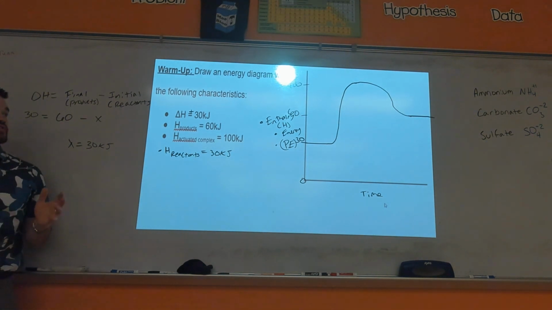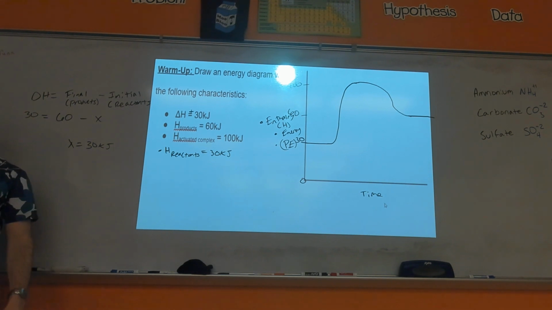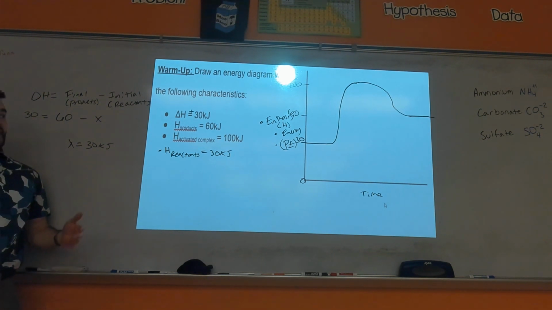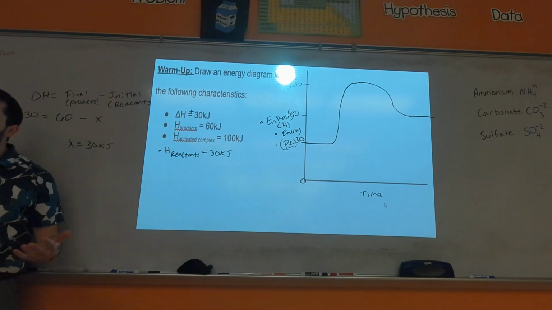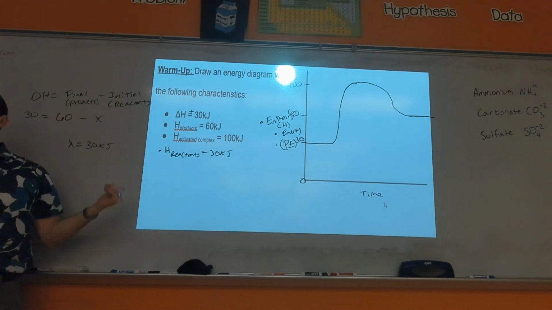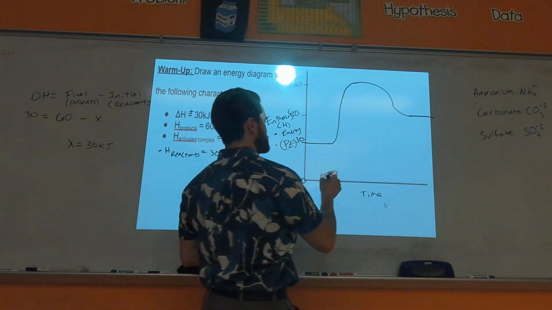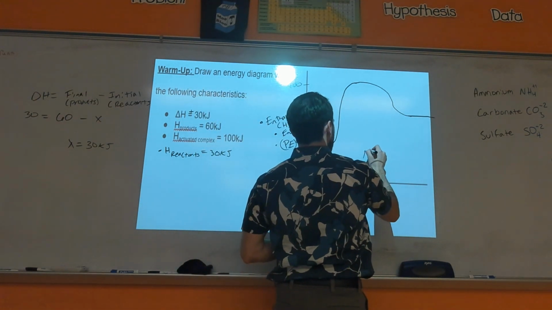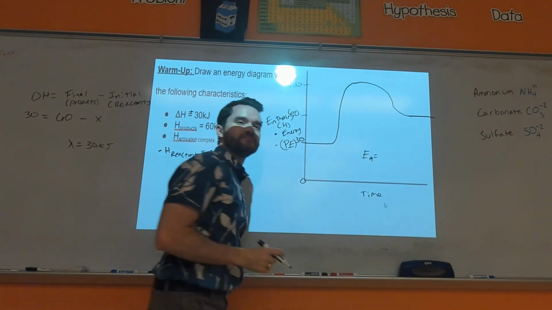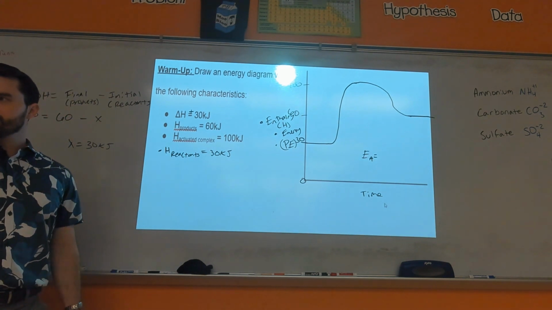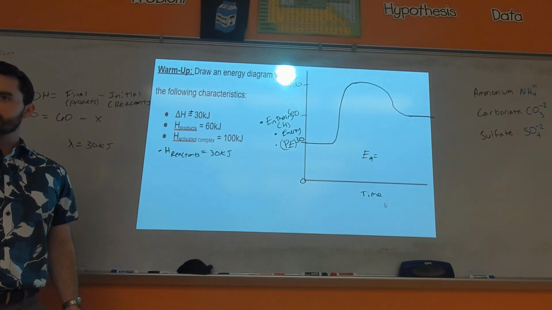So they'll change what piece of information they give you, but you've just got to stay calm and try your best to interpret what they're saying. Now, if we were to ask some other questions with this, what would be my activation energy? Thoughts? 60.